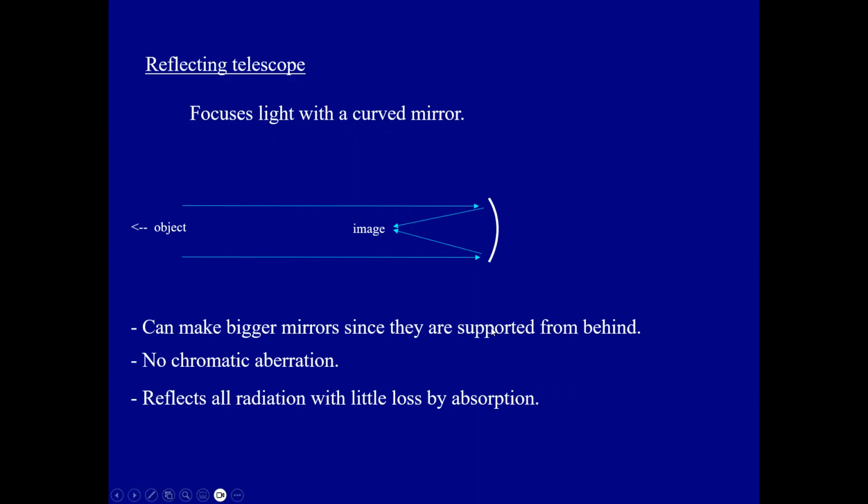And also, light doesn't go through any optical object, right? In a mirror, it just reflects. So that means there's no chromatic aberration. I will talk about chromatic aberration in the next slide. And the other part is it reflects all radiation, not just visible light, with only a very small absorption loss.